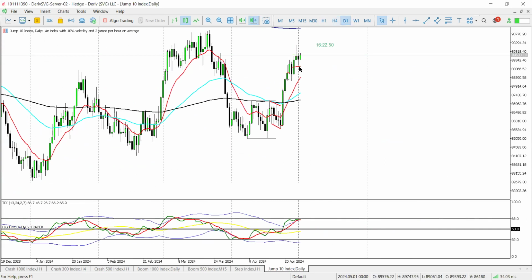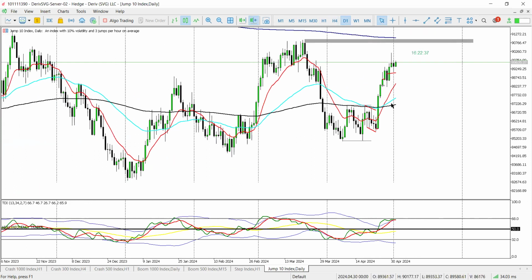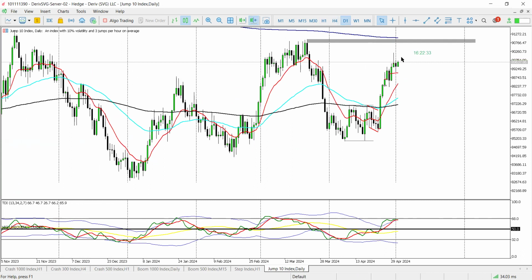All right, so if you notice on the daily, most likely at some point we are going to get to these highs at the top. Why there? Because you can see there's an 800 EMA coming, which we did not interact with. So at some point we're going to go there. We are trading above the 13 EMA, which means we are bullish.